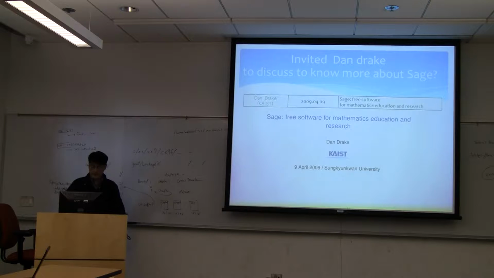After we got some materials, we invited Dan Drake at KAIST to discuss the status of Sage in April of 2009. And he talked about the Sage developers group, what you are doing, and what the current status of the work is.